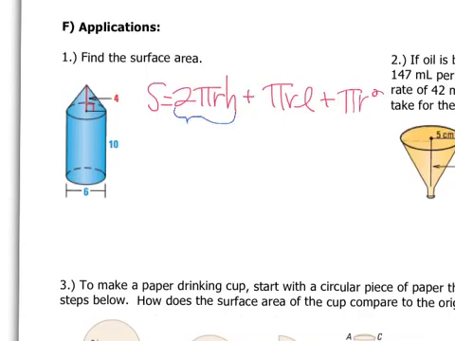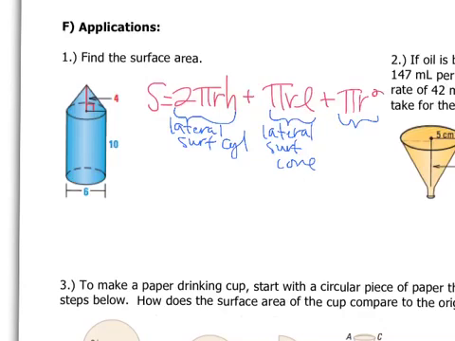That first one is the lateral surface of the cylinder. That pi r l was the lateral surface of the cone. And then the pi r squared was the base of the whole figure, which is the circle.